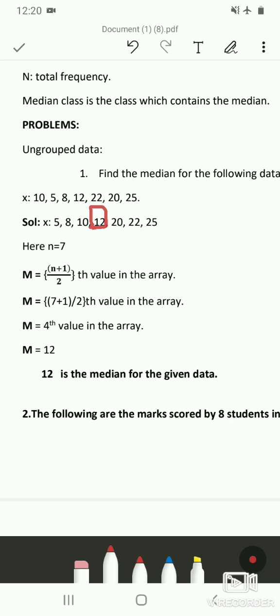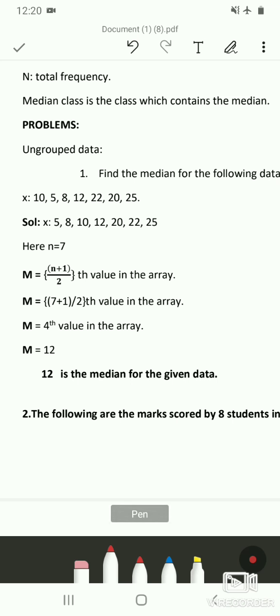So 12 is your median for the given data, and you can see there are 3 values in the lower half and 3 values in the upper half, and 12 is in the middle. So it divides the data into 2 equal parts. That is the meaning of median, the middlemost value. So here 12 is your median.